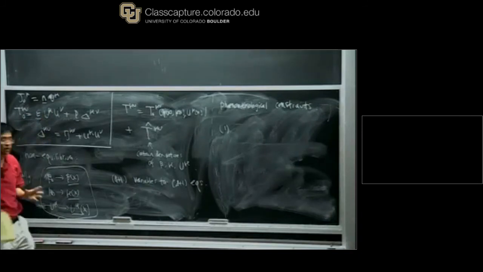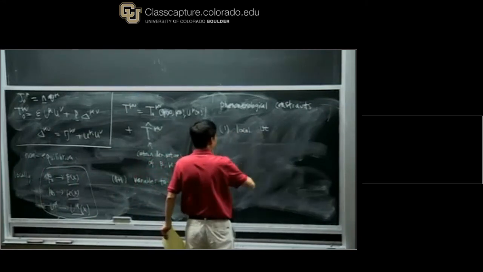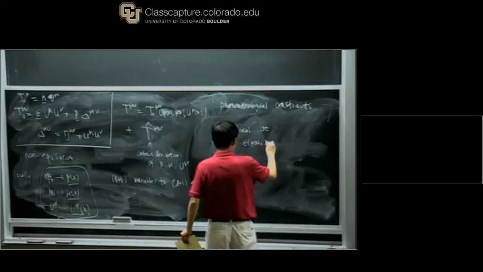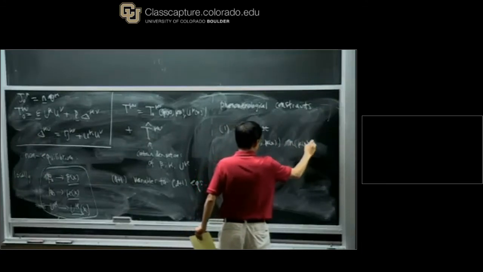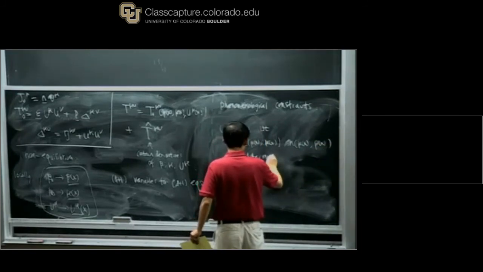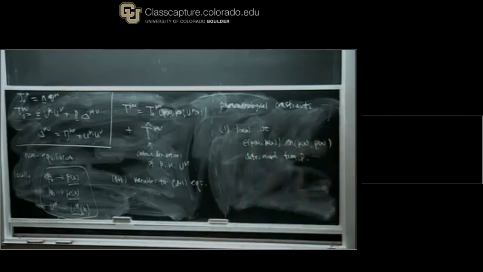That means we are assuming some kind of local version of the first law. That is, epsilon of beta x and mu x are determined from P. This is the first phenomenological constraint you have to impose, because normally if you just do a naive derivative expansion, there would be arbitrary constants, and there is no reason you should impose such a constraint. So you have to impose the local first law.